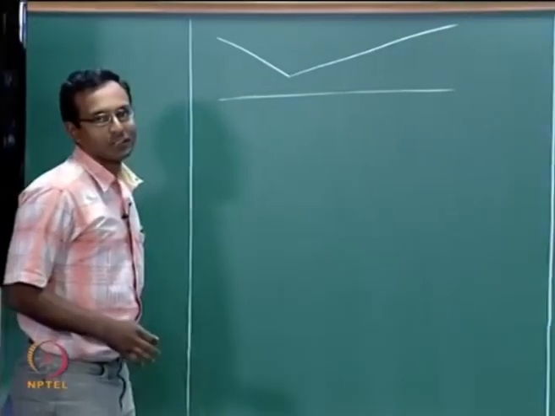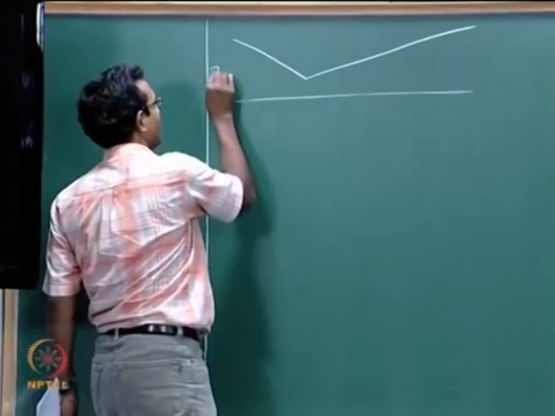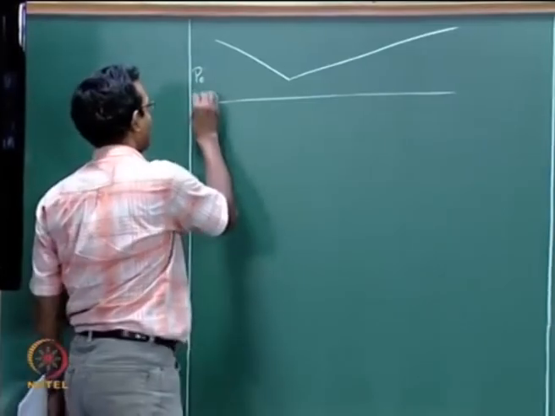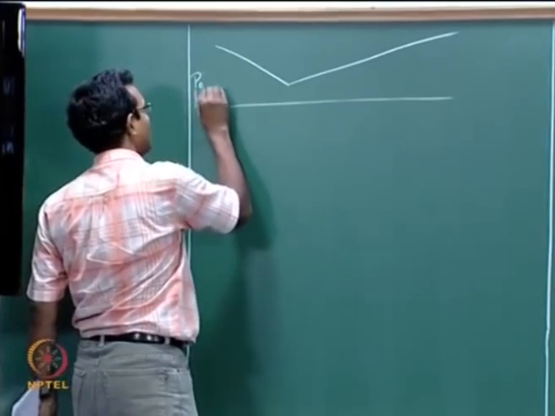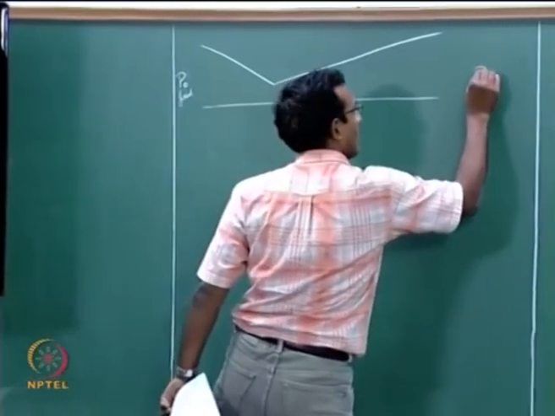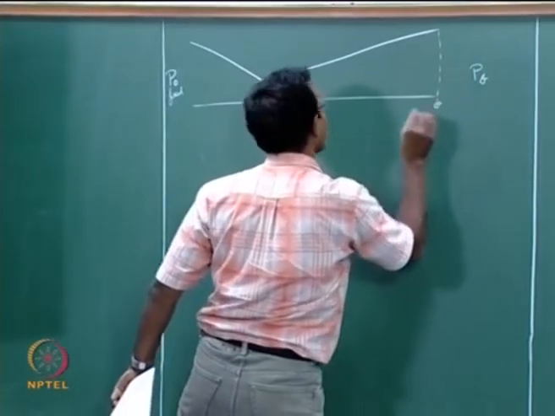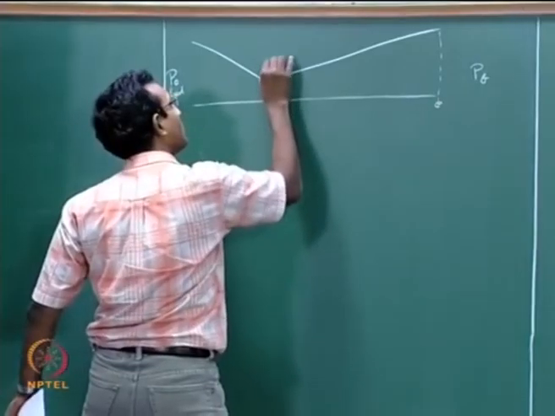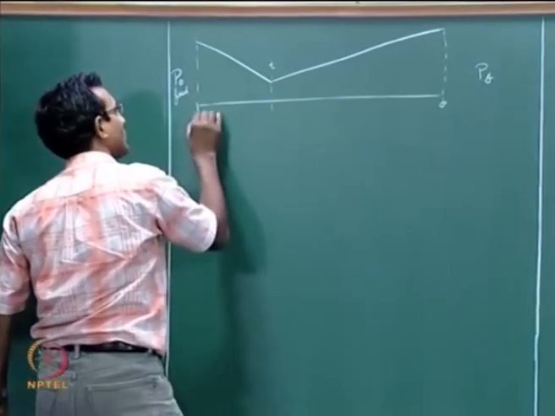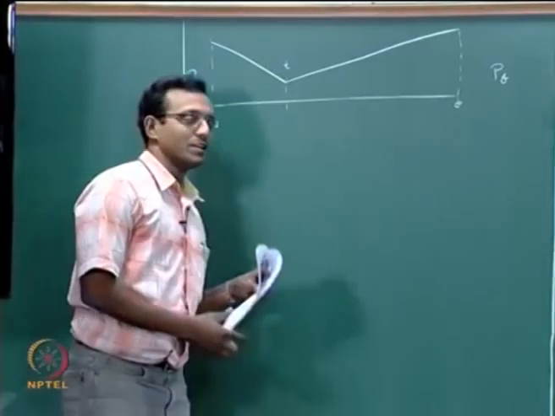We are having some convergent divergent duct, and we are saying that we are going to maintain P naught as a fixed value, and back pressure Pb is what we are going to change.